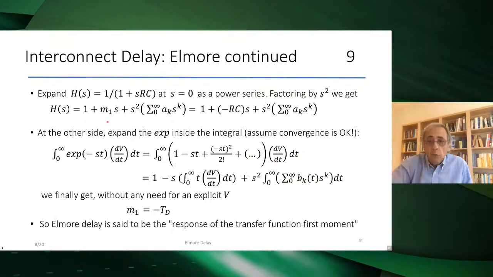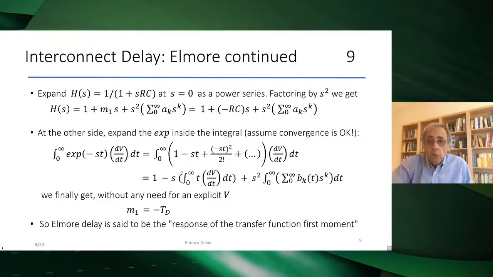And a warning: in some papers, these moments M_k sometimes get divided by k factorial to make them more analogous to an exponential. I kept them straight. If you, on the other hand, take the formula for this Laplace transform and expand the exponential into its series, you get, again, the first term as the Elmore delay.